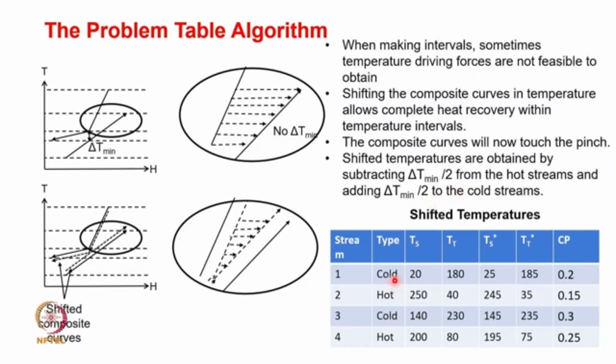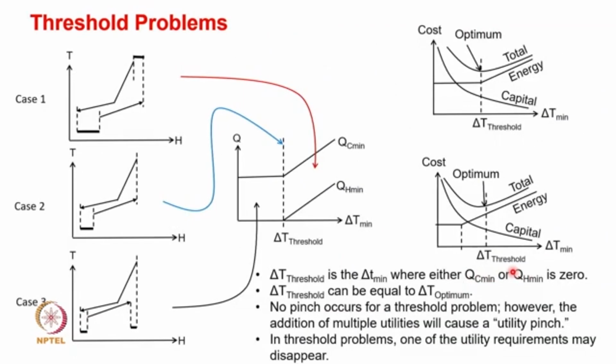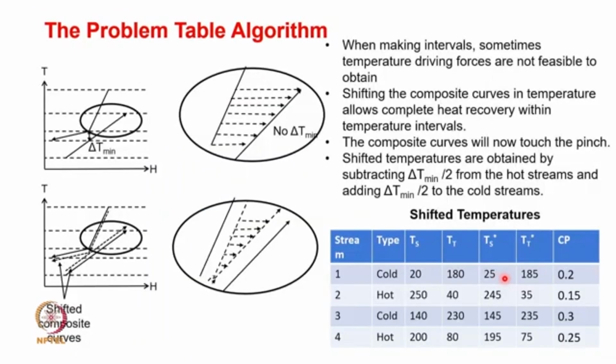Let's see. We have the cold stream with inlet at 20 degrees C and exit at 180. Delta T min is 10 degrees, so you add 5 to the temperatures: 20 becomes 25, and 180 becomes 185. Of course, I have just noted down the corresponding Cp values.